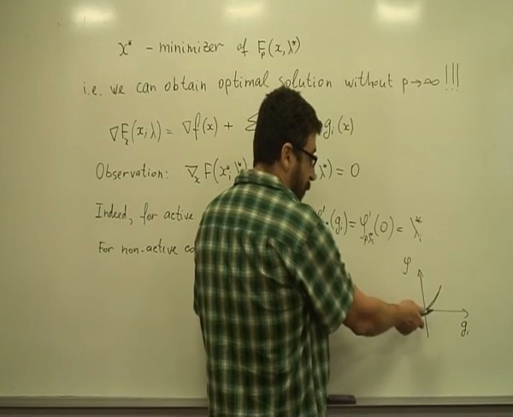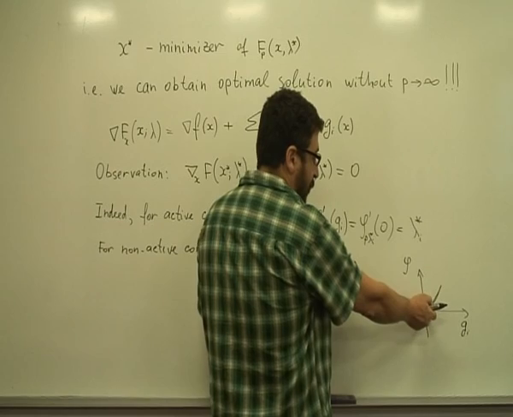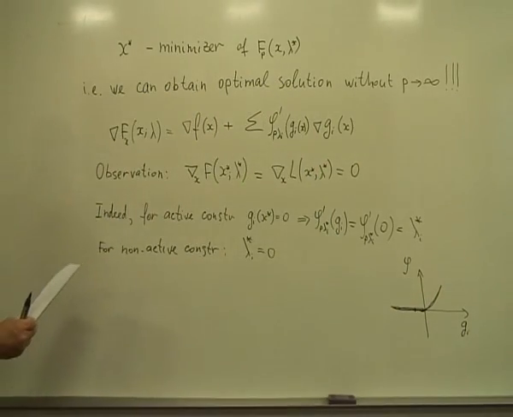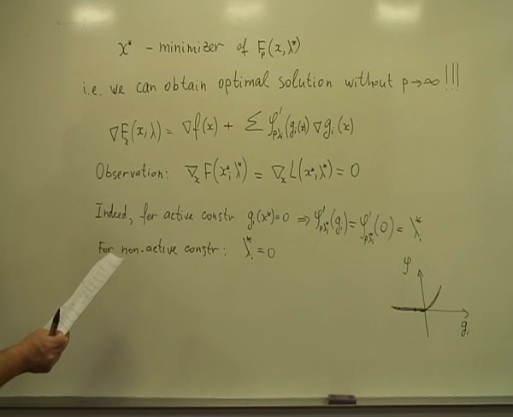And the derivative, if it's 0 at the origin, it must be 0 for negative values as well.